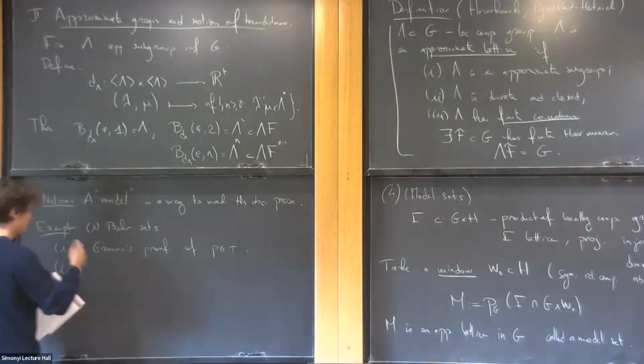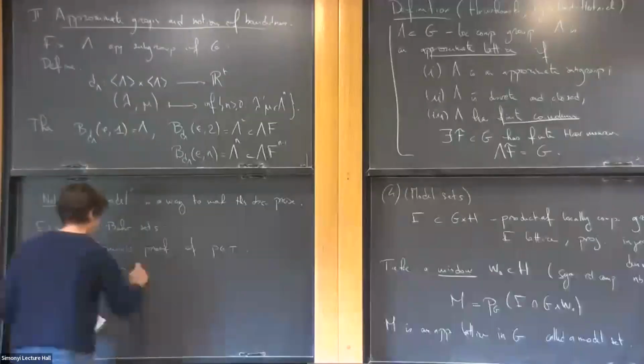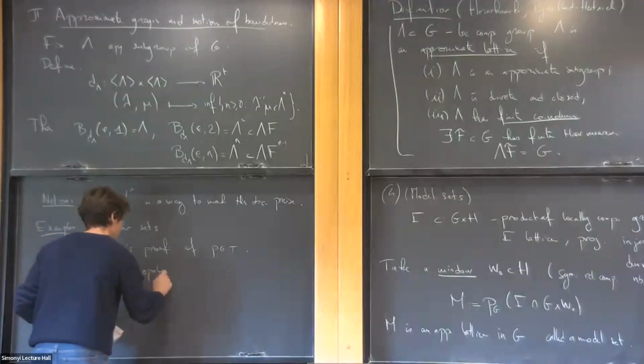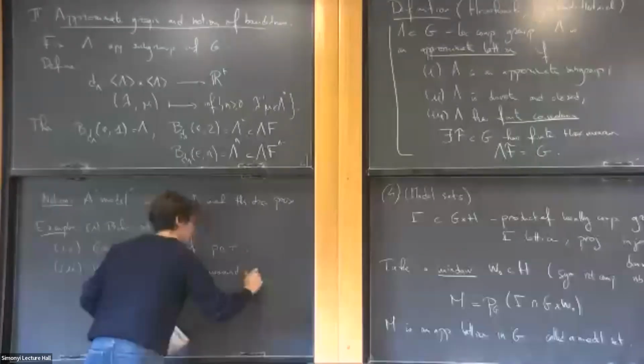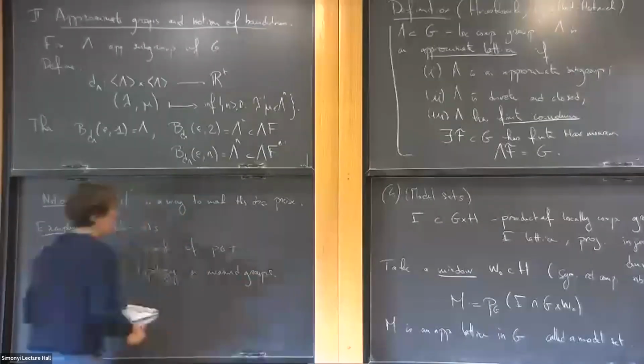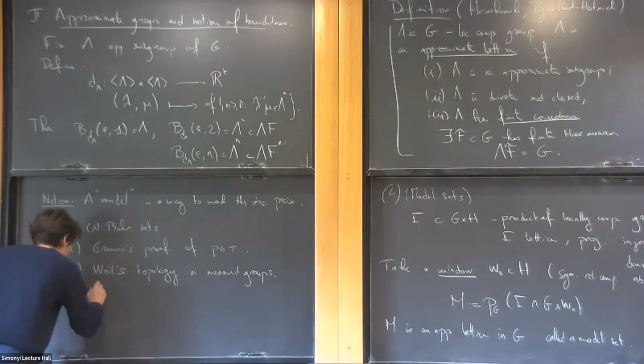This is really interesting because this is a very early example of Weil's topology and measured groups. And a cousin of this, and a more recent one, is the work of Hrushovski and his stabilizer lemma.